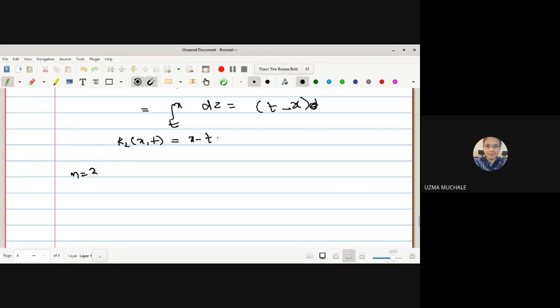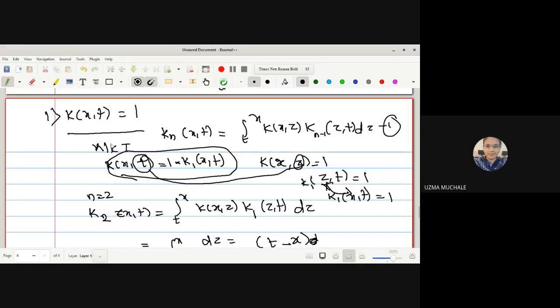Similarly, now put n equal to 3, we will get k3 of xt is equal to integration t to x, k of xz, k2 of zt dz. The question that you asked has k of xt equal to 1. But suppose k of xt is given as some function, say x minus t. At that time there will be a change. As here k of xt is 1, there is no problem.